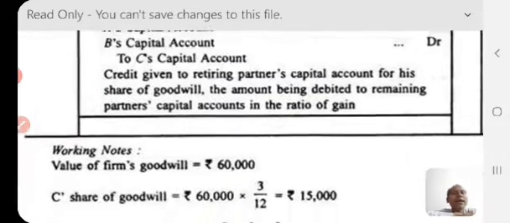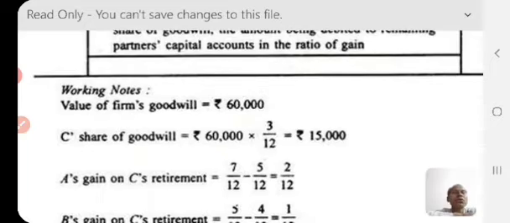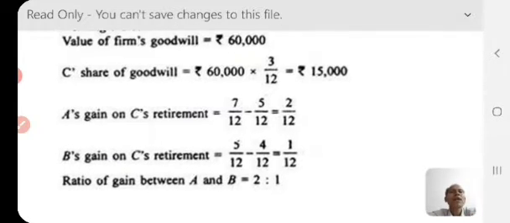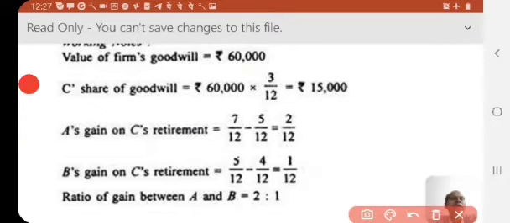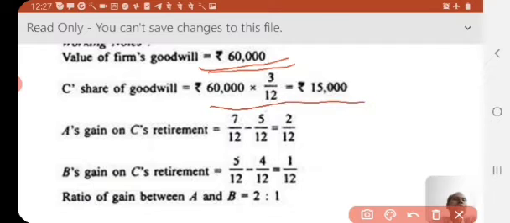So here clearly shown, the value of the firm's goodwill is 60,000. C's share of goodwill is 60,000 into 3 by 12, this is the old ratio, so C's share is 15,000.